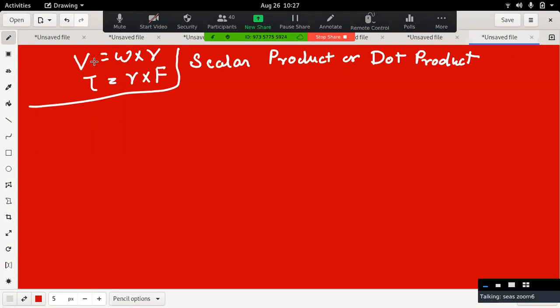So if the product is a scalar, the multiplication is called the scalar product or the dot product. Let's say there are two vectors, vector A and vector B, which are separated by some angle theta.